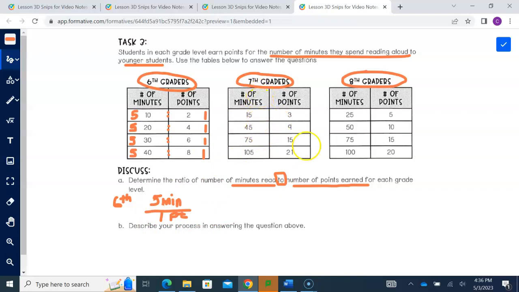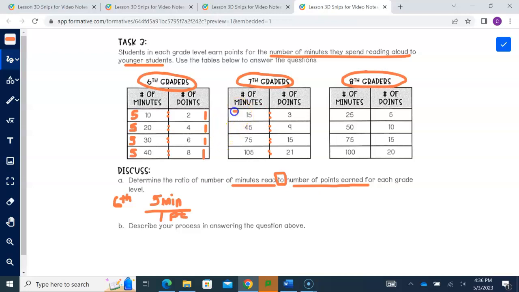So let's take a look at this right here. 7th grade, it's 15 to 3, 45 to 9, 75 to 15, and 105 to 21. These are also not in lowest terms. They don't match these numbers at all. They're not the same. It doesn't look like they're easy to compare.